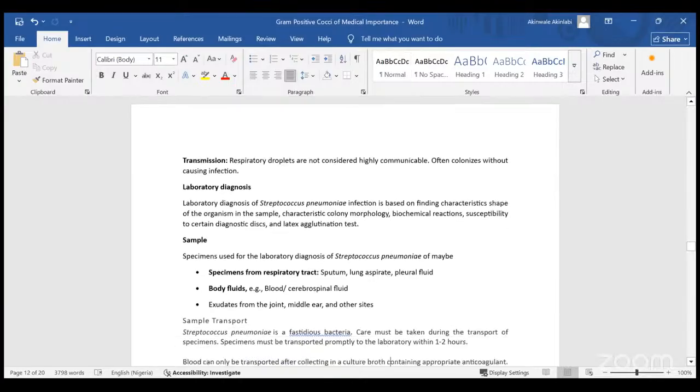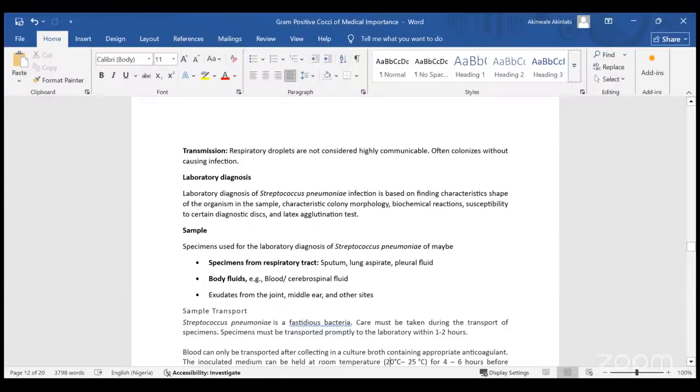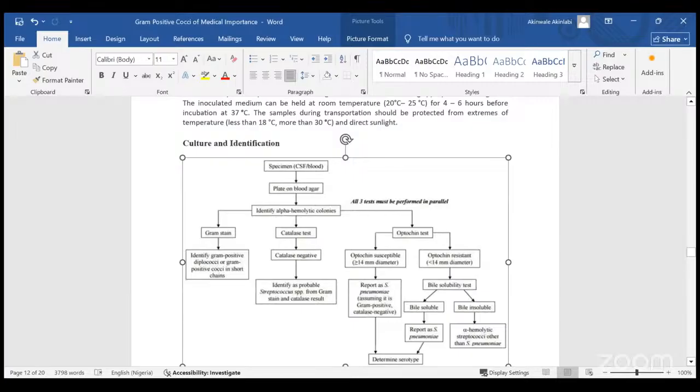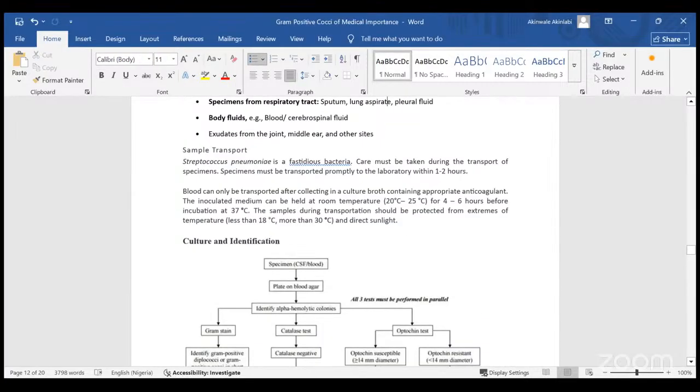The samples that you can recover Strep pneumonia from are mostly respiratory specimens: sputum, lung aspirate, pleural fluid, body fluid, e.g., blood, cerebrospinal fluid. You can still get Strep pneumo from them. A suspected sample must be transported promptly to the laboratory within 1 to 2 hours. If not, you won't be able to get them, they will just die off.